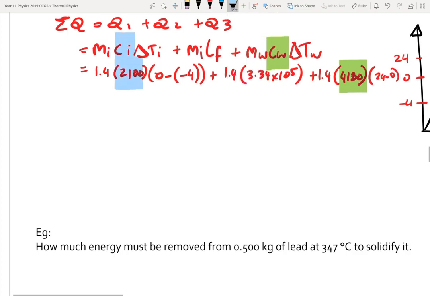Okay, again, students will stuff this up. It's the same mass. In different states, they have different thermal properties. Okay?